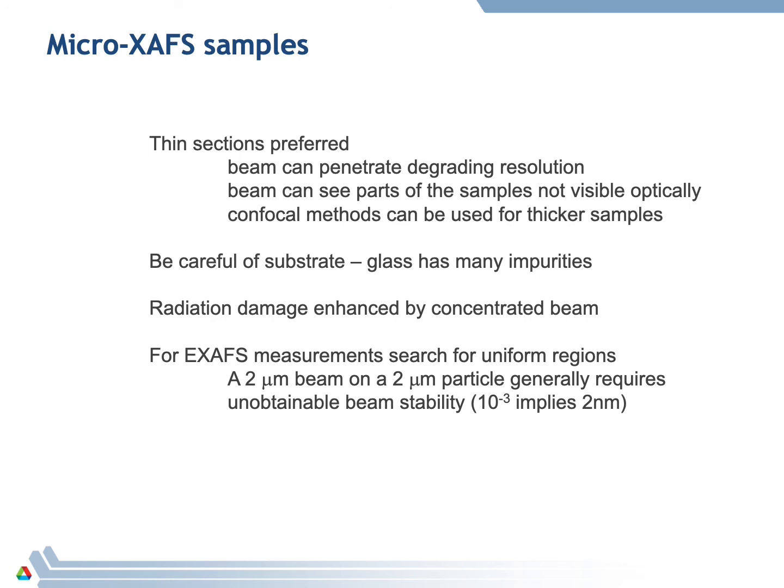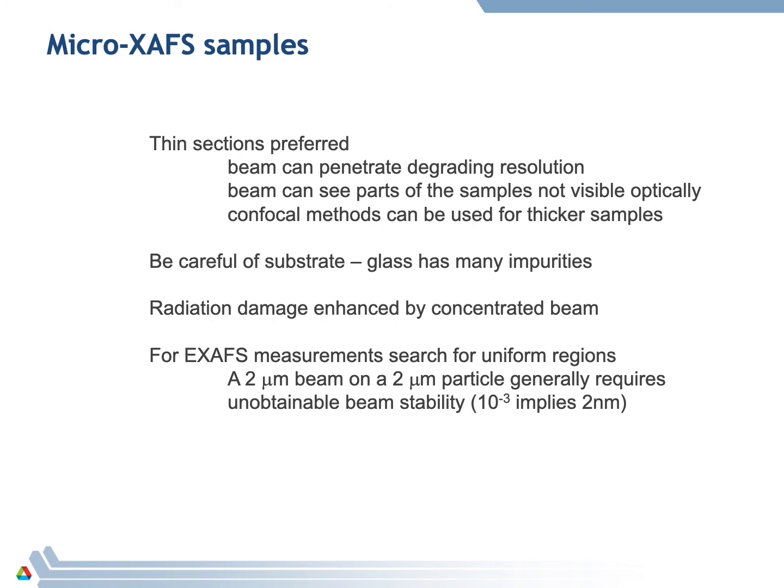For example, if you have a 2 micron beam, but the particle that you're trying to measure is also only 2 microns, to get a 10 to the minus 3 change in the absorption or the signal, say if you're measuring fluorescence, the beam only has to move by about 2 nanometers during the measurement. So as you're scanning the energy, it's really hard to keep the beam position from moving a little bit.